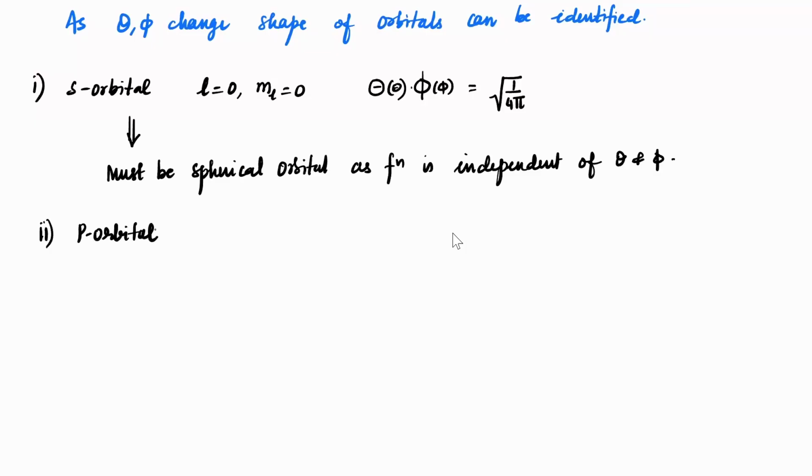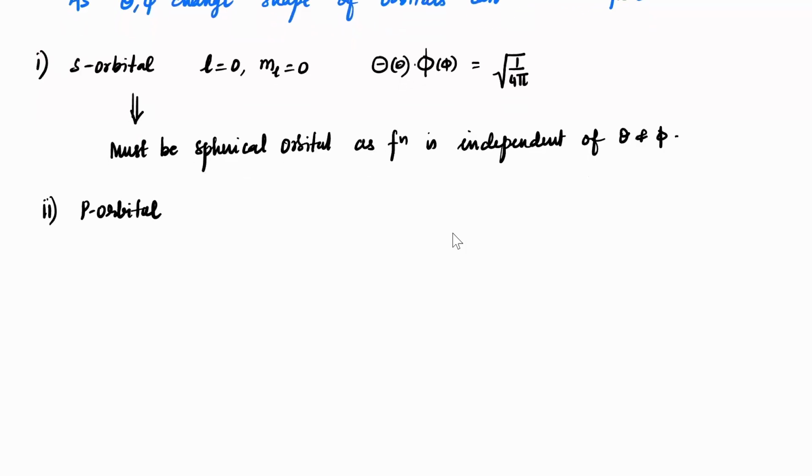Correct? Same thing when you notice it for p orbitals. When you analyze a p orbital, it doesn't matter whether it is 2p, 3p or 4p. The n value is constant because these functions only depend upon the L value and ML value. So for the px orbital, you know that the L value is 1. I can take the liberty of ML being plus 1 or minus 1.